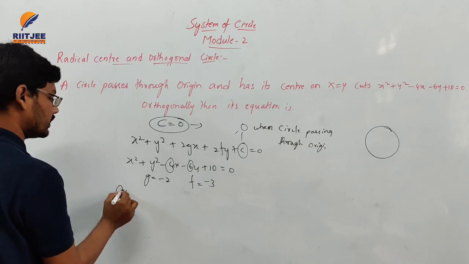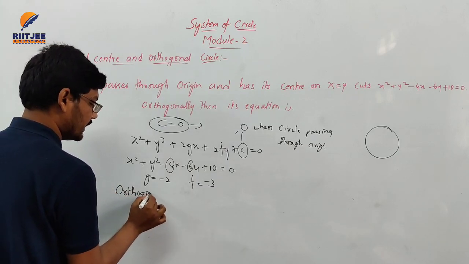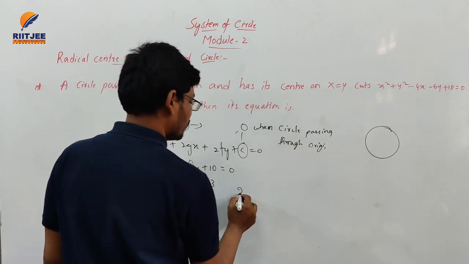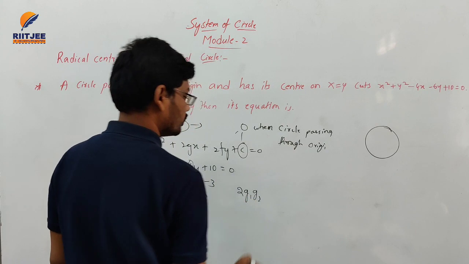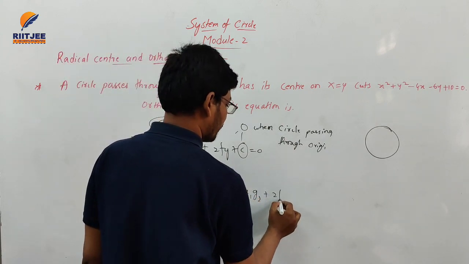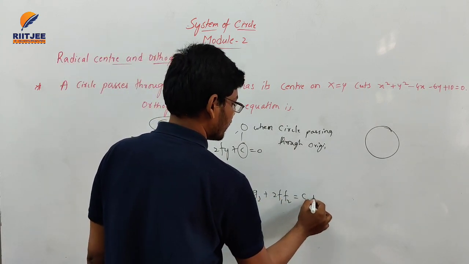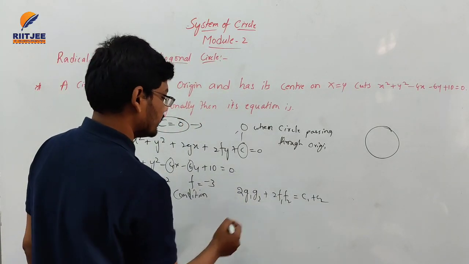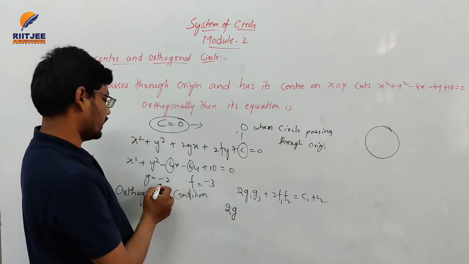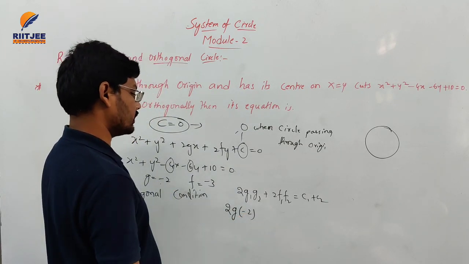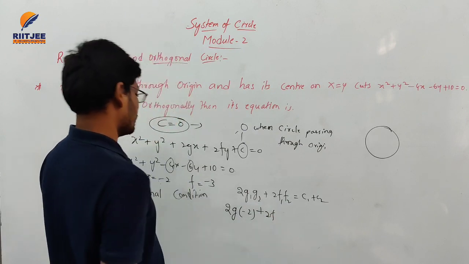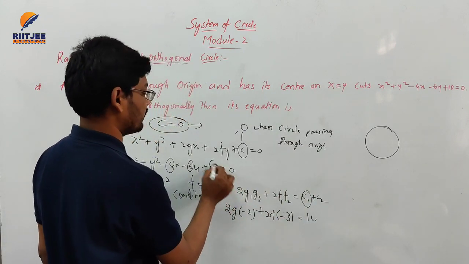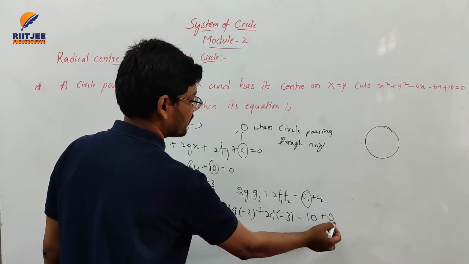Our orthogonal condition is 2g1 g2 plus 2f1 f2 is equal to c1 plus c2. This is the orthogonal condition here. And 2g into, here the g value I am substituting minus 2, and 2f into minus 3, and here we got the c from the equation that is 10 and the c2 will be 0 here.